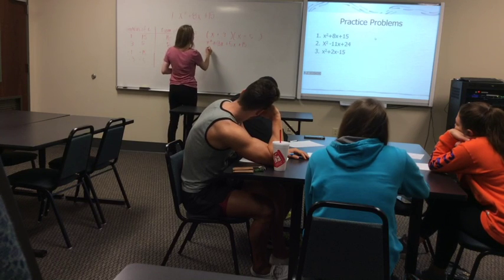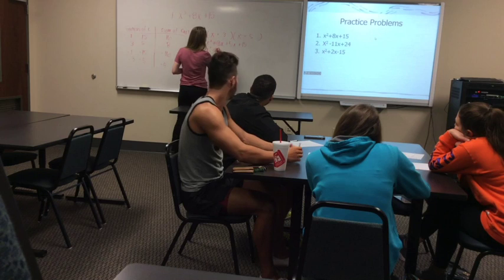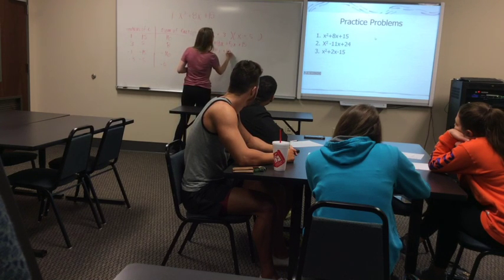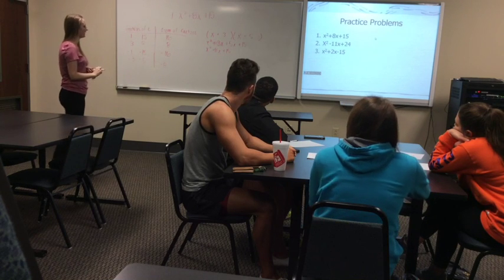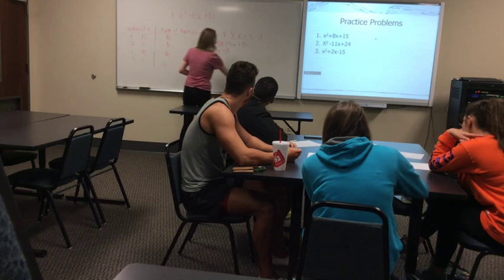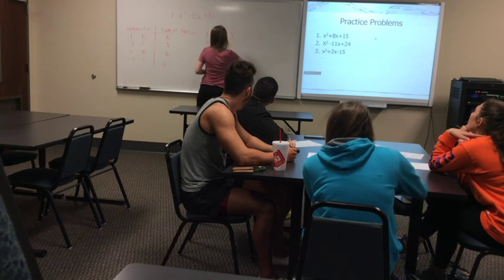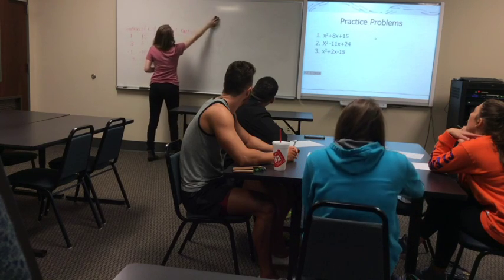So if I simplify that down, I get x squared plus 8x plus 15. And if that's what I originally started out with, I know that my set of parentheses is correct. While I'm doing these problems, go ahead and copy these down in your notes.